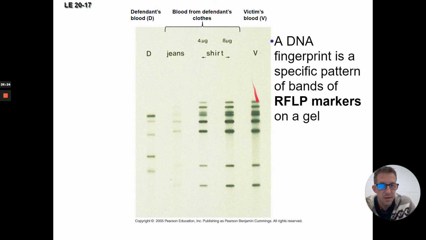That means the victim would have had to have been close enough to the defendant for the victim to get their blood on their clothes. So it's used as a piece of evidence to associate the defendant or the perpetrator with the victim, and the fact that the victim's blood was on their stuff. And we notice over here the defendant's blood produces this chunk pattern, which is totally different from the victim's. And we notice that because lawyers are kind of tricky sometimes, right?